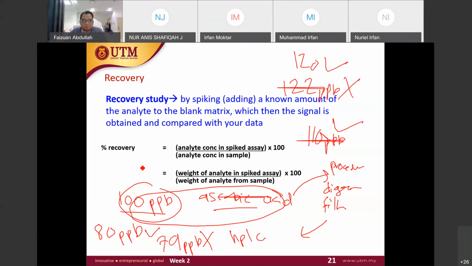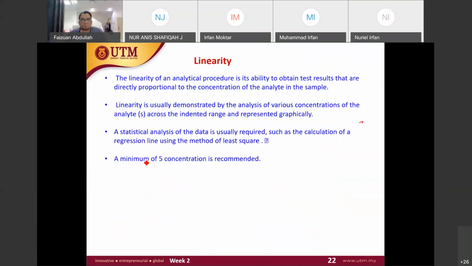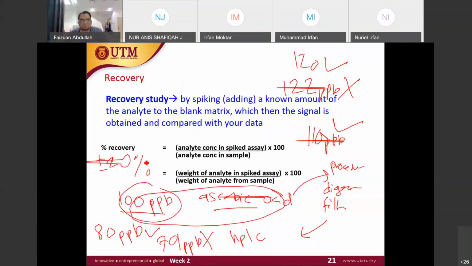Plus or minus 20% means that if you get less or more than 20% of the original concentration, it is not acceptable. If you get 122 ppb, or you analyze 79 ppb, it is not acceptable. Simple one.